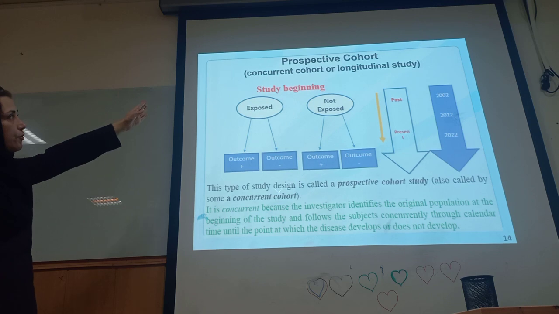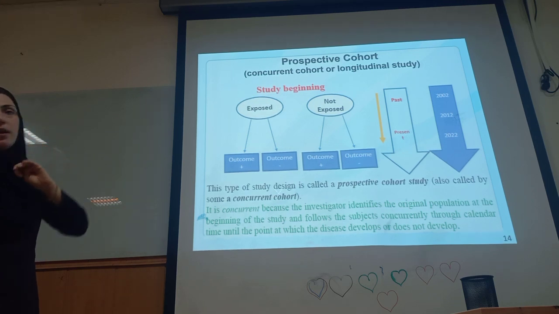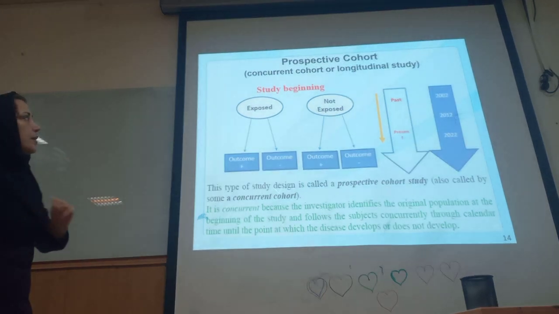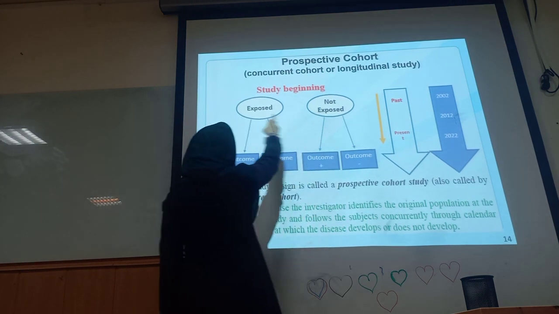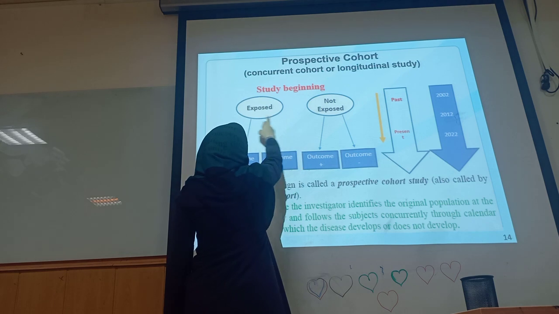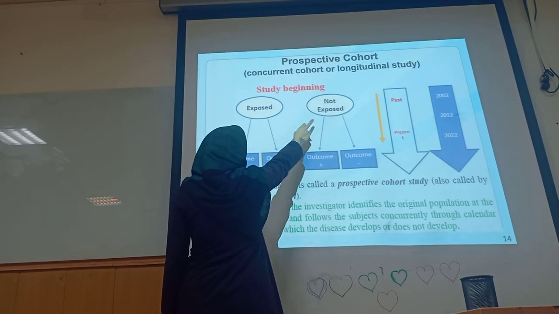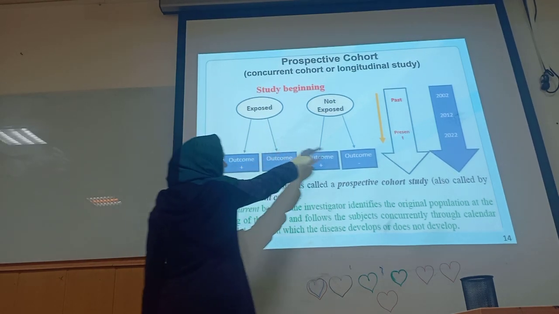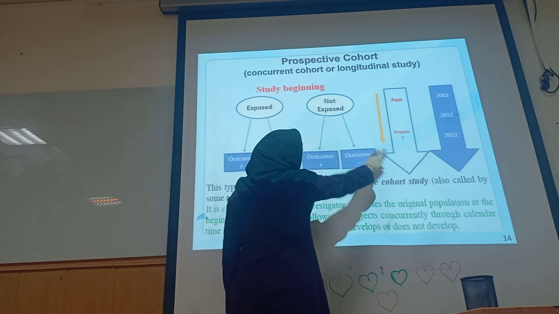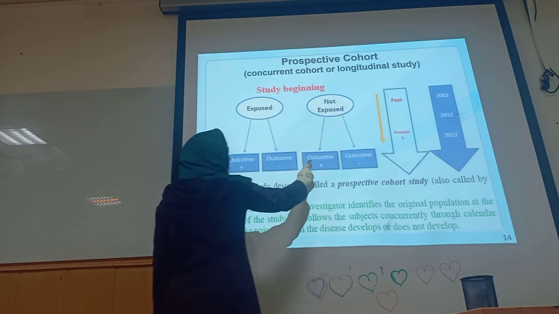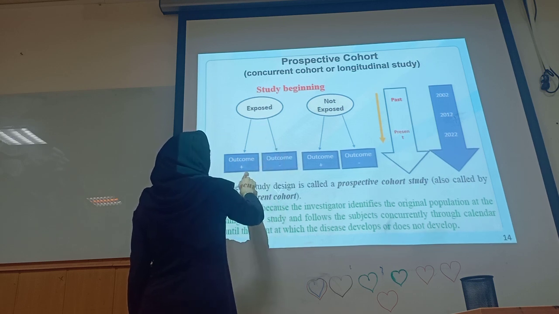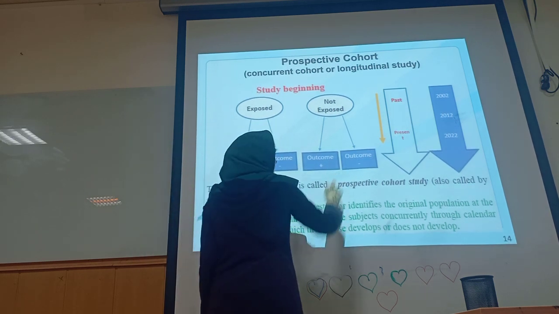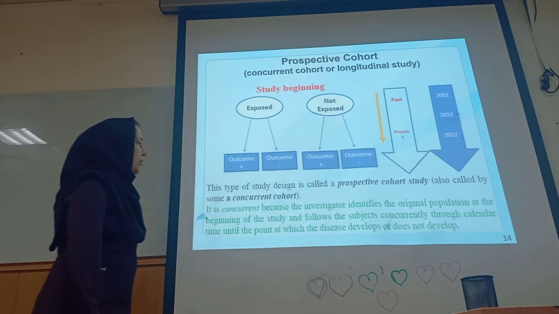Elements of a prospective cohort, which is a concurrent cohort or longitudinal study. We are here and start our study with exposure and not exposure. And during time, we watch and monitor, we follow the participants to find outcome and not outcome.